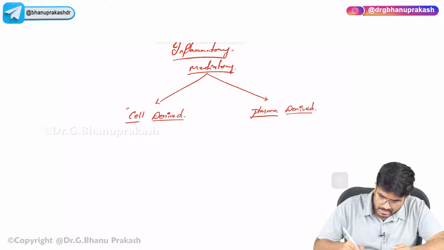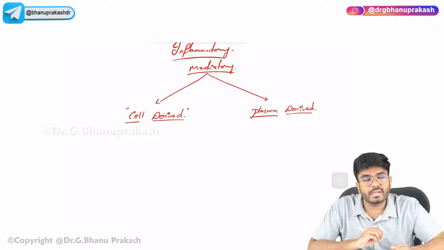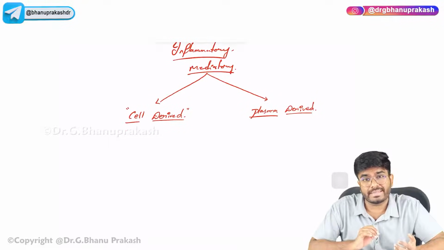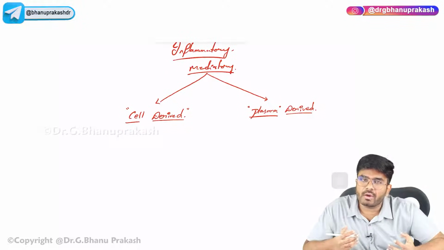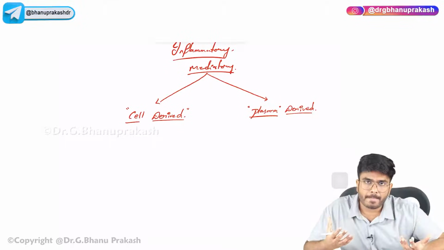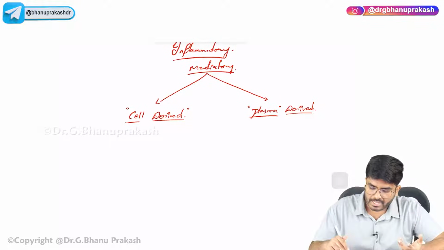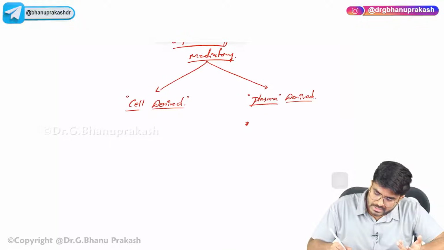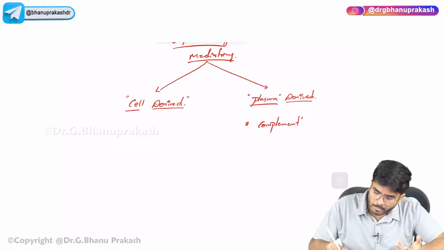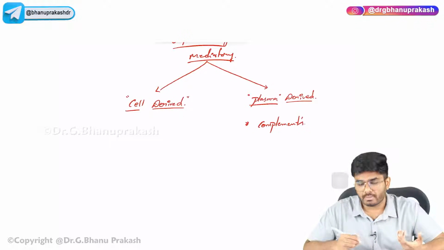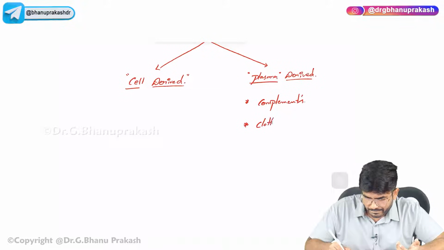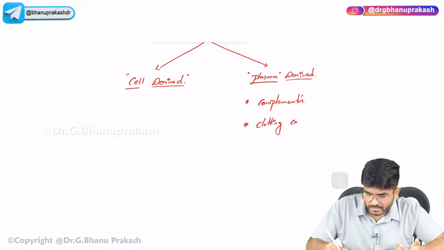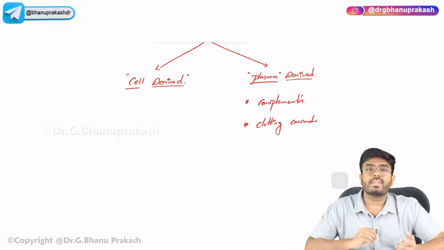The inflammatory mediators which are released by the cells are cell derived, and the chemical mediators which are synthesized from the plasma, like complements, complement proteins that get activated, and the clotting cascade, are plasma derived.